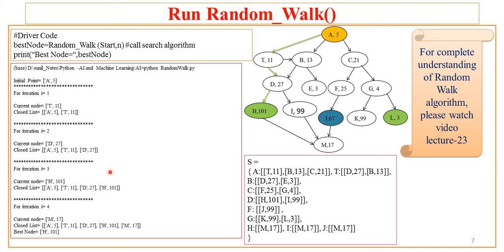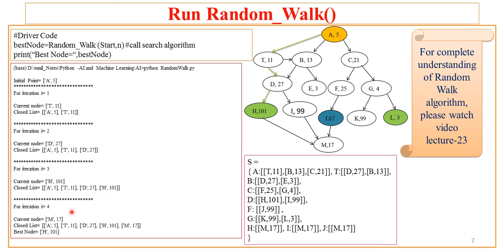And in iteration 3, fortunately our algorithm returns H among the children H and I, which are nothing but the children of D. So here H will be the current node, and our best node is modified to H because the best node seen so far was D having heuristic 27, but here H has heuristic 101, and the nodes visited so far are A, T, D and H.